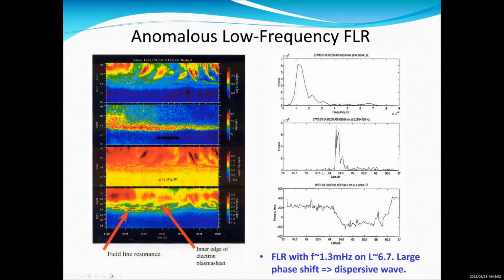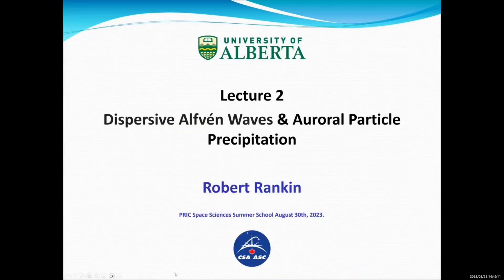This particular dispersive FLR was also seen in a NASA FAST satellite overpass. So we have clear evidence of a dispersive FLR forming on the night side on stretched field lines, which are unstable to substorms, indicating a potential connection between field line resonances and substorms, which is a story for another day.